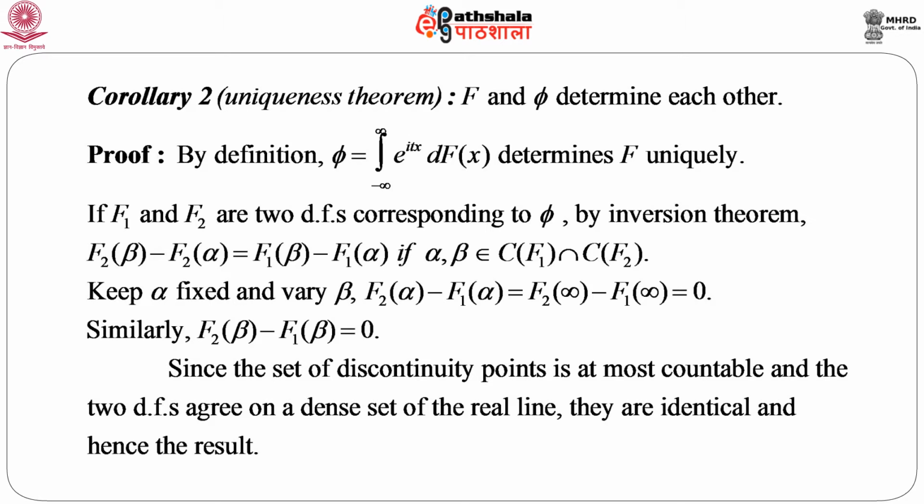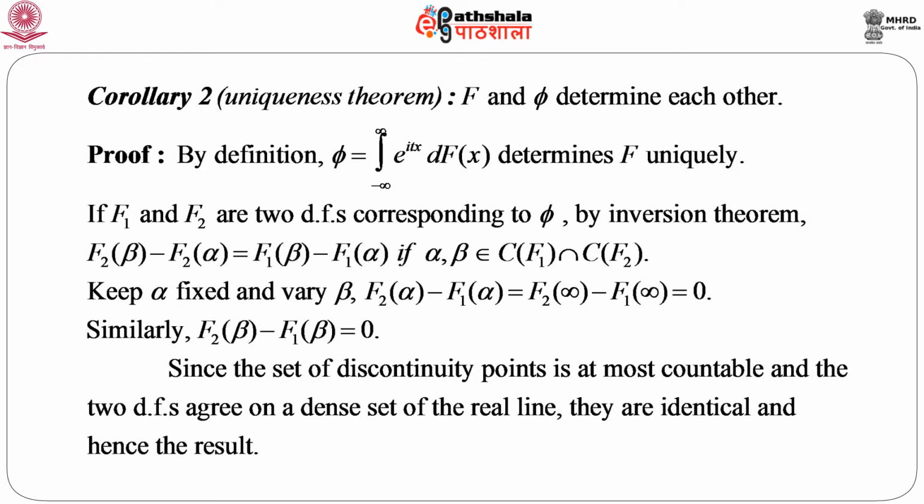Now, keeping alpha fixed, if we vary beta, we can let beta go to infinity and immediately get f 2 alpha minus f 1 alpha equals f 2 infinity minus f 1 infinity. Now, being distribution functions, f 2 infinity is 1, f 1 infinity is also 1. So, this becomes 0. Hence, we get f 2 alpha equals f 1 alpha. Exactly similarly, we can also get f 2 beta equals f 1 beta.